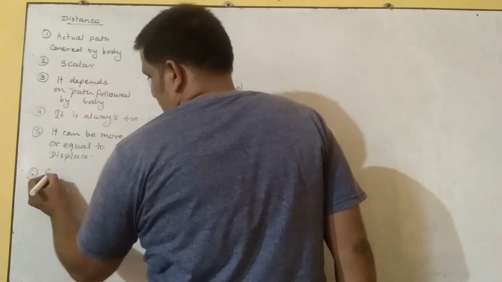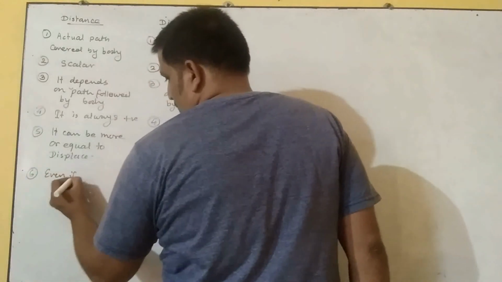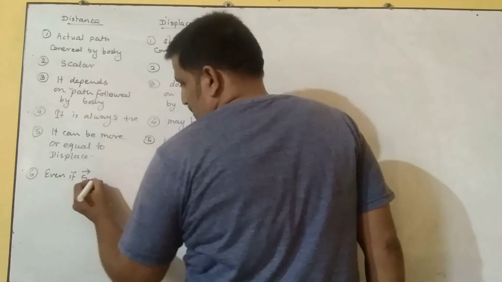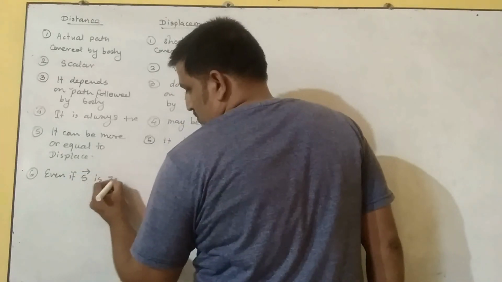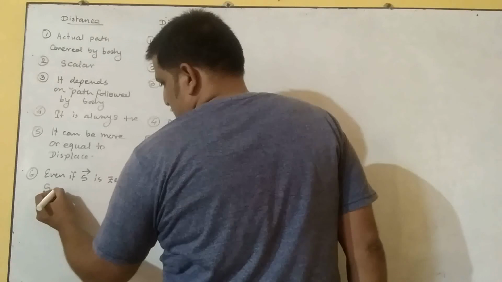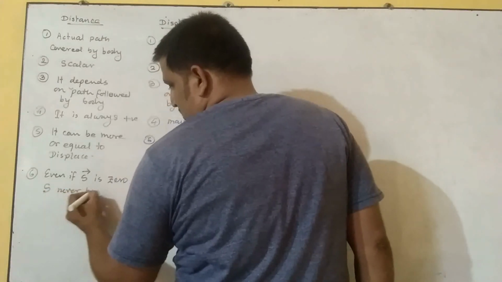Sixth: even if displacement is 0, distance is never 0. Distance will never be 0.